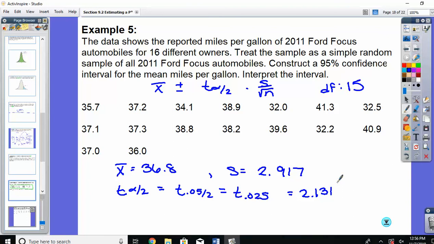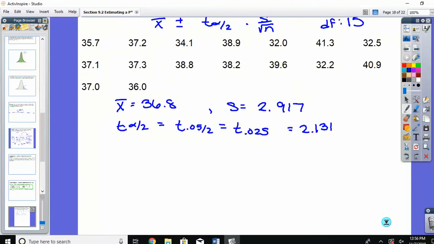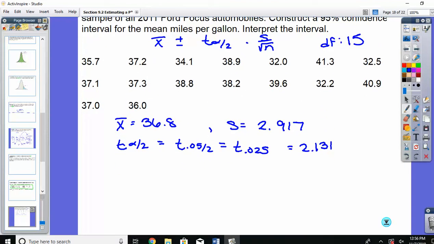So now we are ready to make our confidence interval. So now we do x bar. So 36.8 plus or minus the 2.131 times s, 2.917, over the square root of n, and n was 16 here.